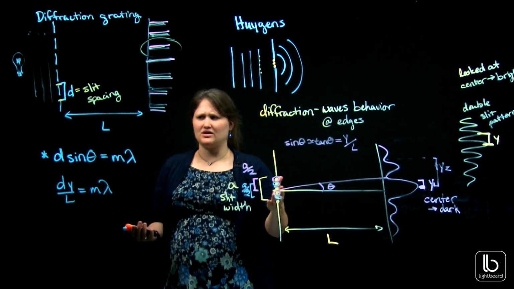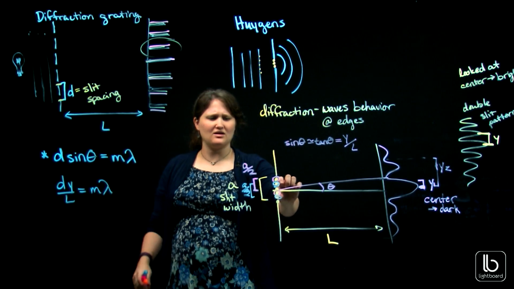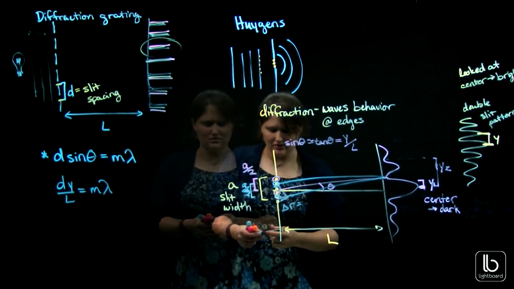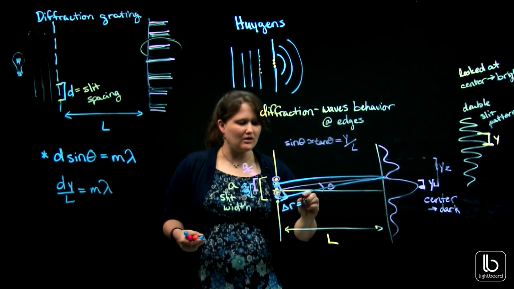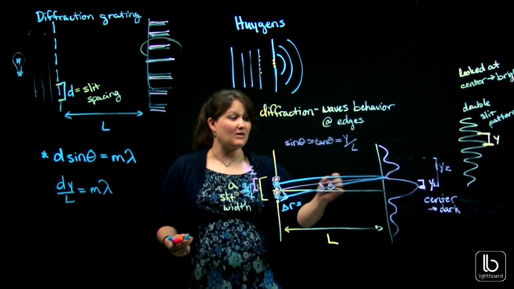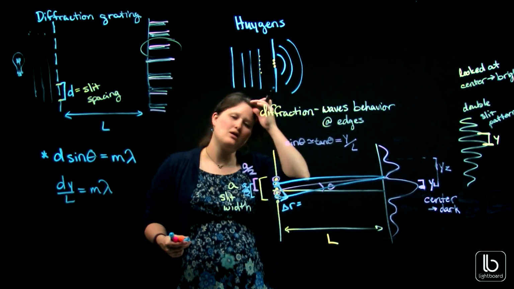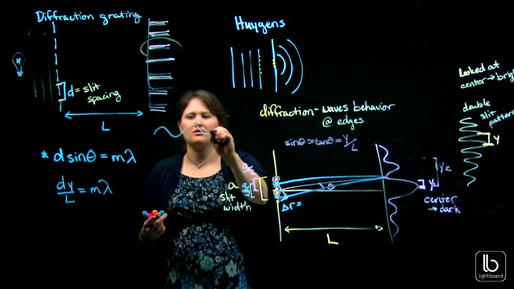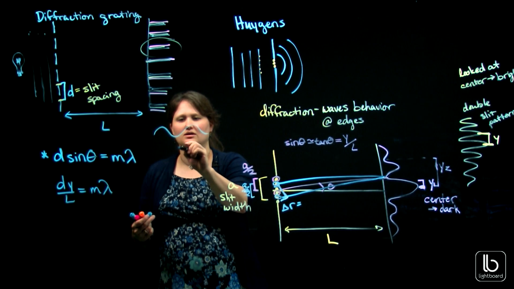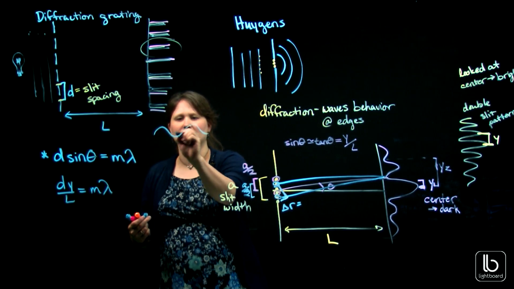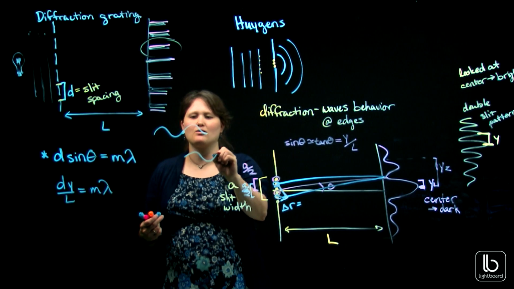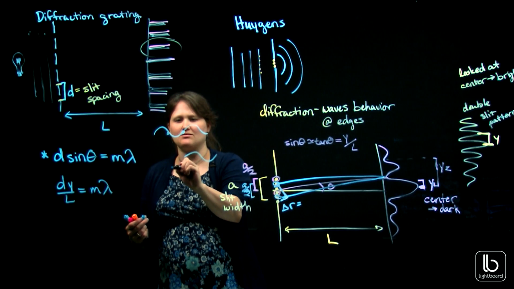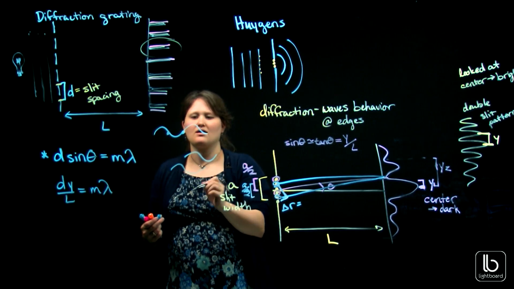And effectively, what we're looking at is an optical path difference. So here we're looking at delta R equals, well, if I'm looking at a dark spot, I need to be destructively interfering. So remember, constructive interference happens when I'm offset by one wavelength. Destructive interference happens when I'm offset by half a wavelength.